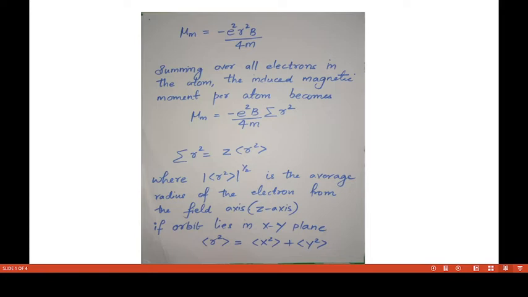We have applied the field in the z axis, and r is the distance of the electron from the field axis, and m is the mass of the electron.